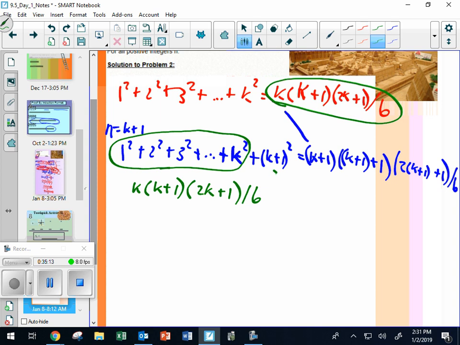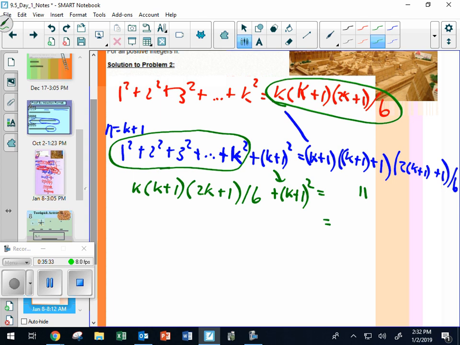And then it's plus this. And then, thankfully, this is the moment where I can just say ditto here. I can carry that down forever. Now it's just all about manipulating this left side until I get it to look like the right side.